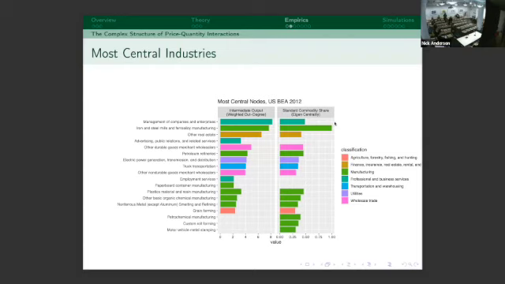Services are overrepresented as intermediate output and underrepresented in the standard commodity share, in the eigenvector. And manufacturing has the opposite case. You can already see it a bit here with the last three nodes, which are overrepresented as eigenvector, but not as the sum of the multipliers.